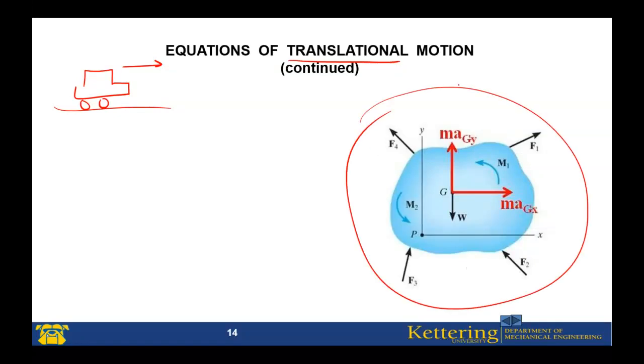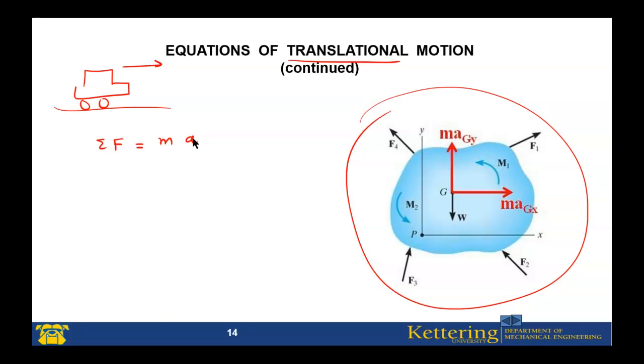First, for this general case, as we can see, several external forces apply: we have the weight, we have the normal force, the moments, and also these are the inertial forces along the x and y directions. If you remember, the equation of motion for a particle was sigma F equals ma.